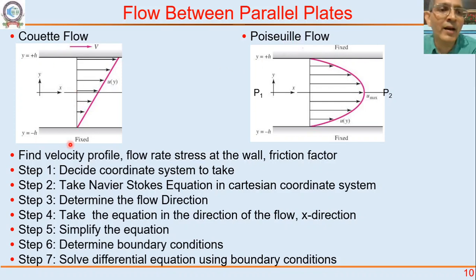Importance of this. If you are looking at, let's say, coating, imagine the fluid between the two plates is a polymeric liquid, and I want to coat that polymeric liquid on a surface, let's say this plate. All the coatings that you do are made in this way.